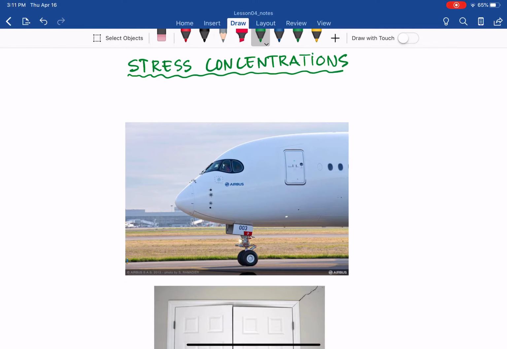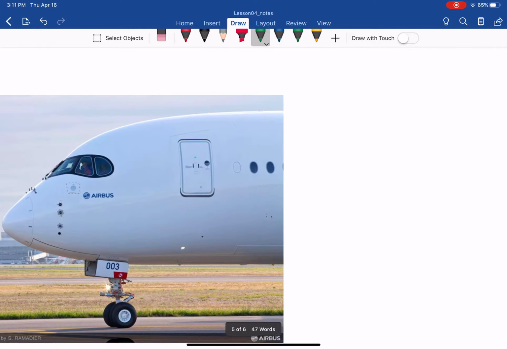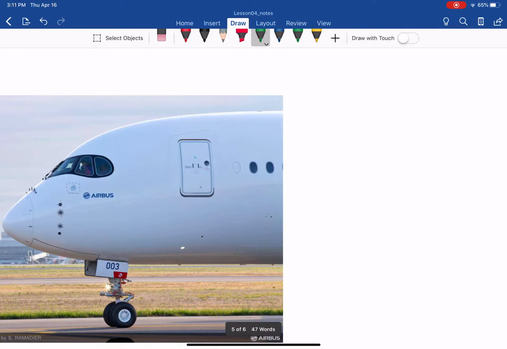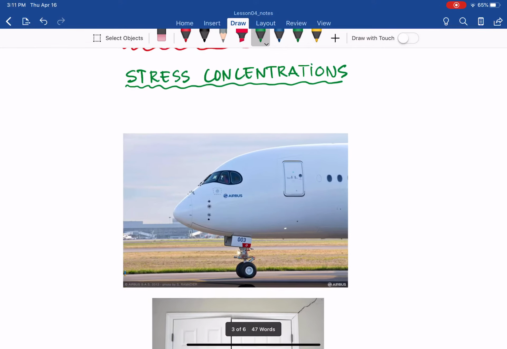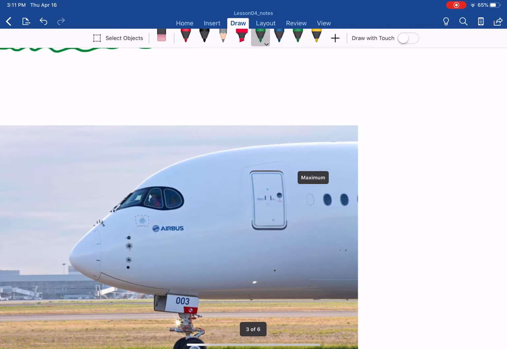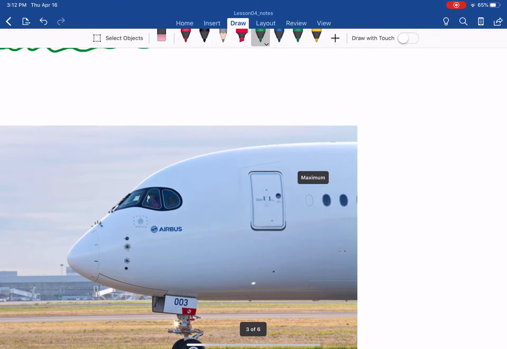One of the reasons is stress concentration, because if we make the windows for passengers bigger, then the stress may concentrate more, and with that it's easy to crack or get damage to the body of the airplane. Especially when you design the door, the entrance for the airplane, the reinforcement surrounding the door is very much, otherwise it may get cracked due to the stress concentrated on that door.